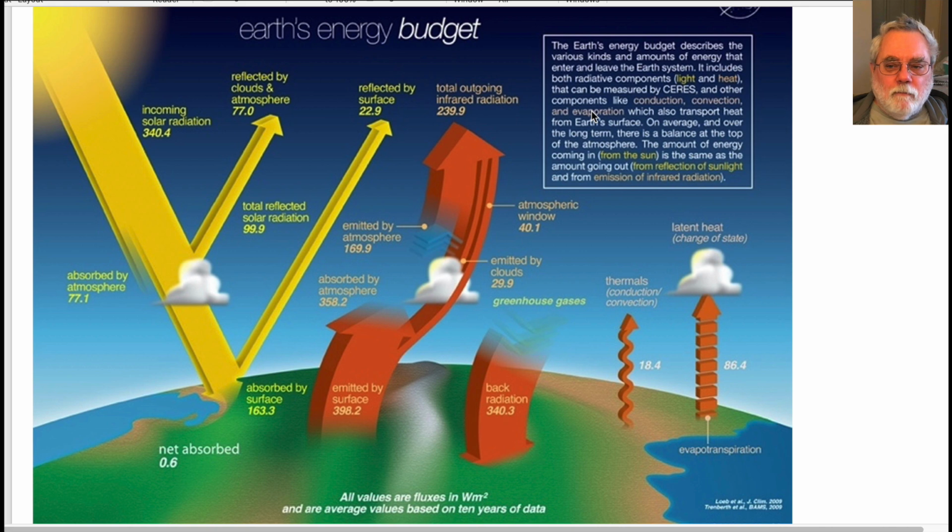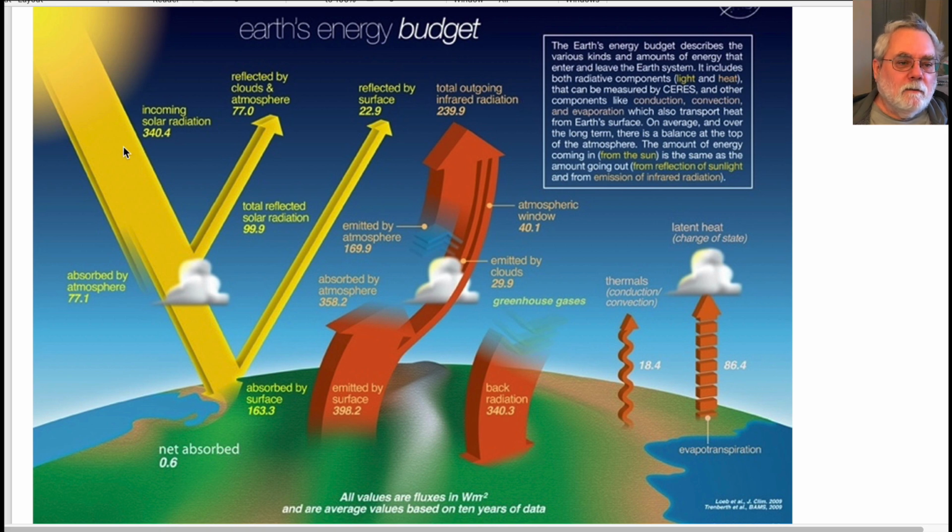Results get averaged over the Earth and over 1 or more years. In this graphic from NASA, more power is inbound than outbound at the top of the atmosphere. 0.6 watts per square meter more.